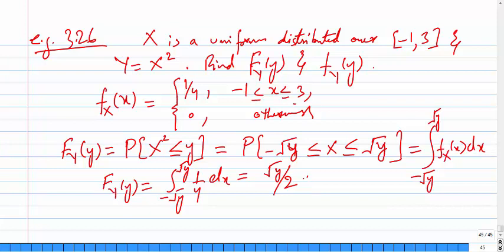Now this is the relation when we are within the range of -1 and 3. So now we have to consider the relation when we are at -1, but not equal to 3. In other words, if we look at from 0 to 1, this is the relation. But if we look at from 1 onward, how do we solve the problem?